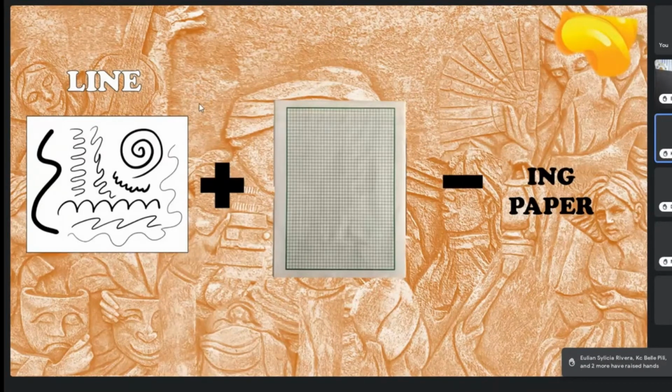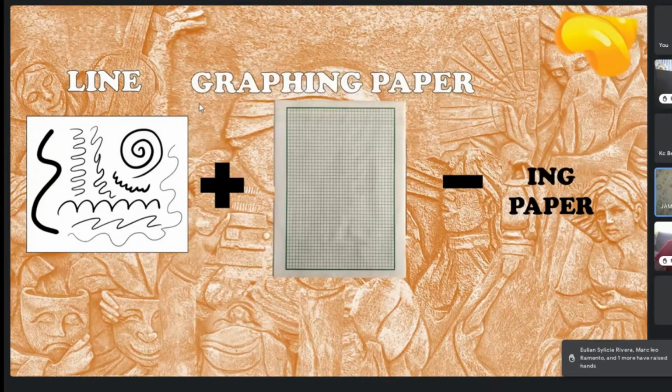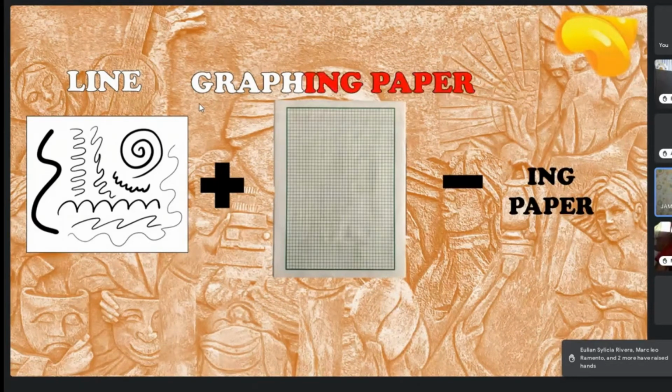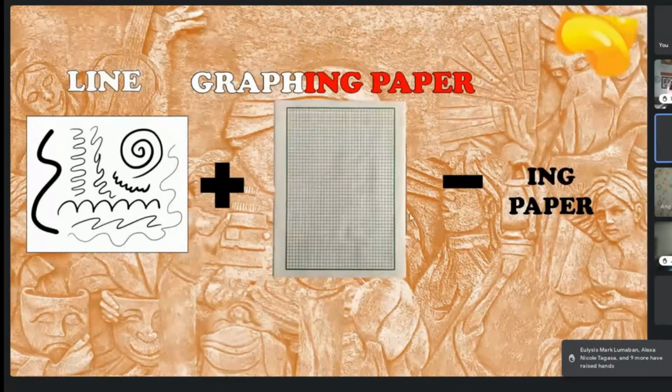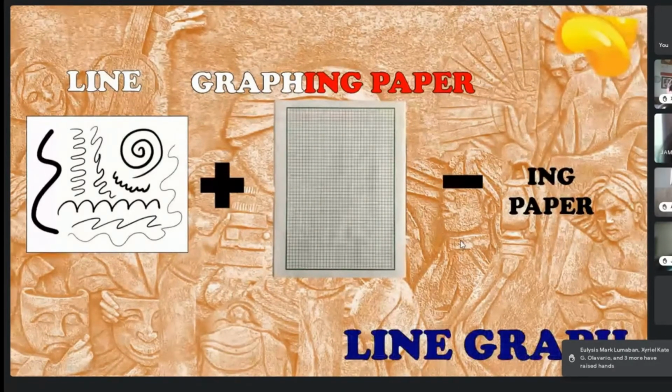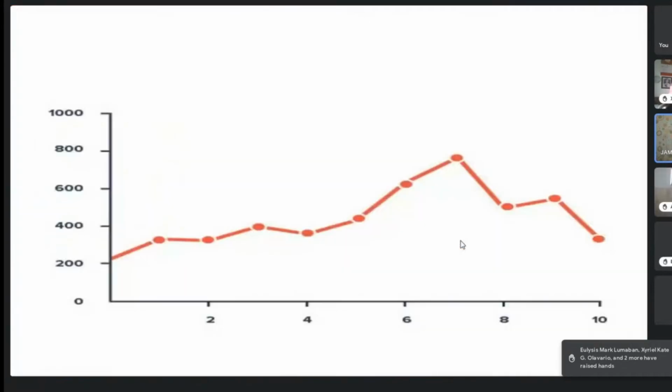Isabel? Wrapping paper po. Okay, so we have here wrapping paper. Good job. So we are going to subtract ing and paper. Therefore, what will be our third type of graph? Yes, Anshurina? Line graph po. Okay, so we have here line graph.